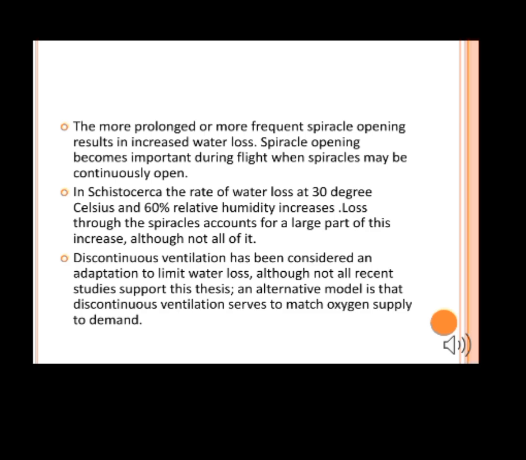The spiracles take a large part in the loss, but not all of it is through them. Discontinuous ventilation is considered an adaptation to limit this water loss. But this is not supported in any recent studies, though it can be an alternative model of reducing water loss.